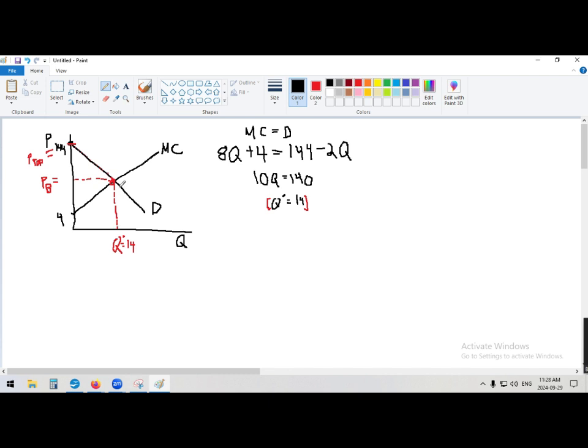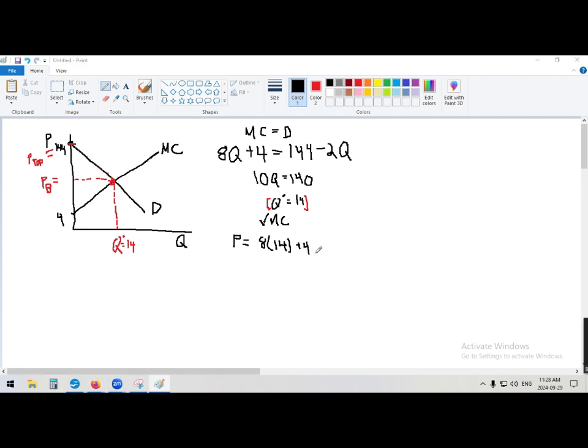And then we take this, we go up and we plug it into either the marginal cost or demand curve. We can plug it into marginal cost here. So we can say, okay, well, price is going to equal marginal cost, which is 8 times q, which is 14, plus 4.